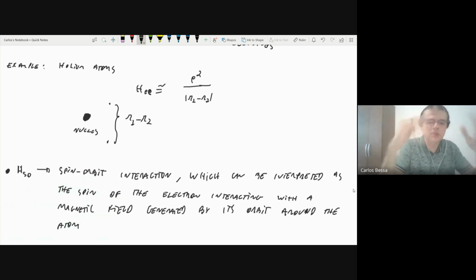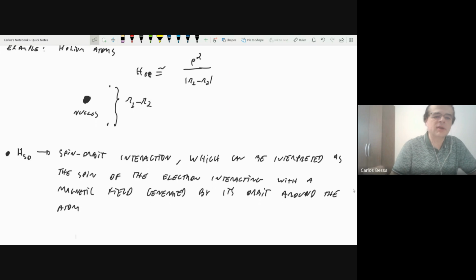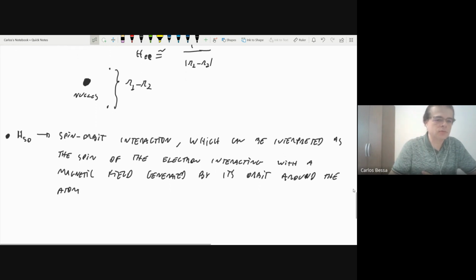So this will be a type of self-interaction of the spin with the magnetic field produced by its movement. That's not an external magnetic field, but the intrinsic magnetic field from the movement of the electron.